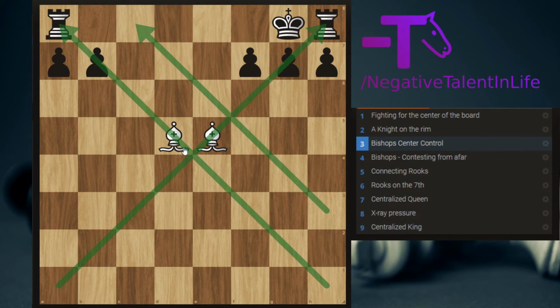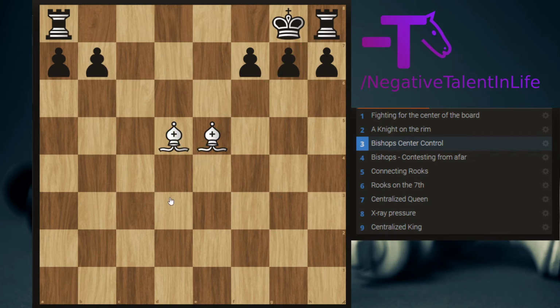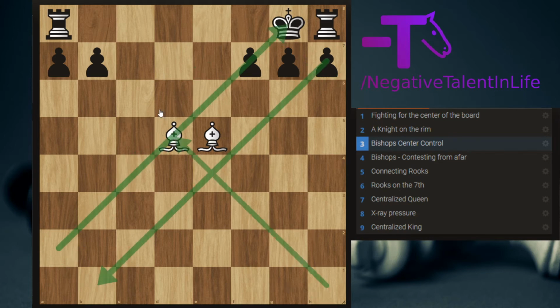And that means that we are often going to want to put these bishops on these diagonals, if possible. You'll also notice that this diagonal and this diagonal are the longest intersections with this diagonal, right? So in other words, the white bishop can attack the most squares from this square and this square. And same for the black bishop.